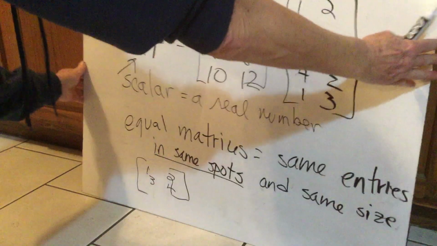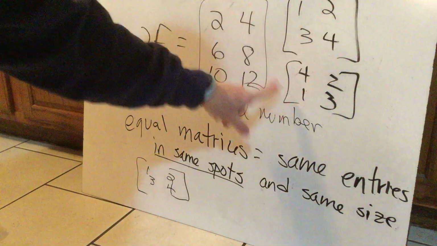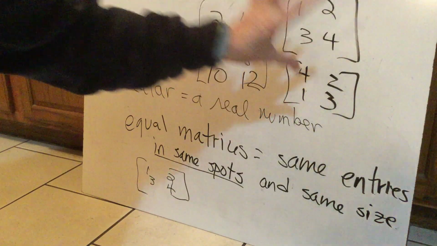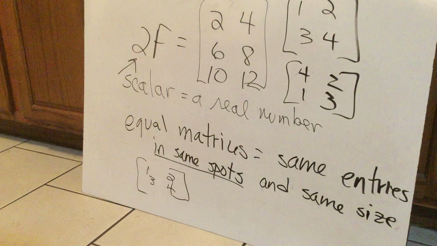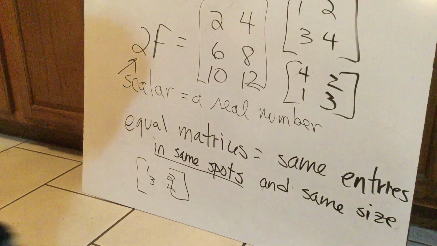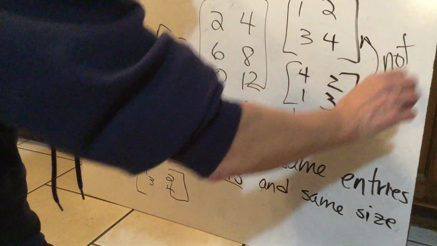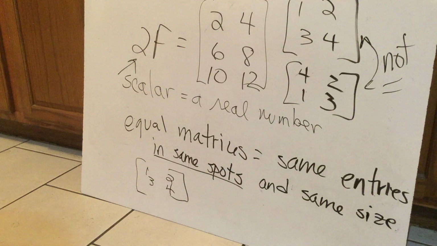Oh, shoot. They have the same entries, don't they? But the entries are not in the same spots. So these two matrices would not be equal. To be equal, you have to have exactly the same entries in exactly the same spots. This is your definition of equal matrices: same entries in same spots and the same size.